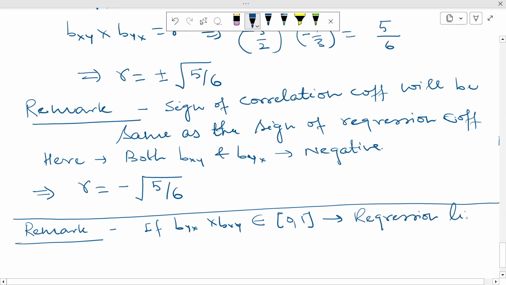Whenever this product is not in this given limit, we cannot say that the given lines are regression lines.